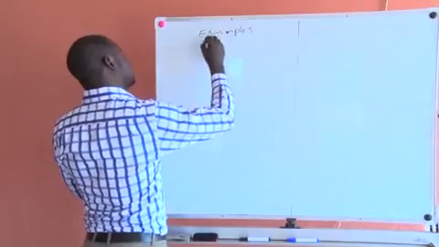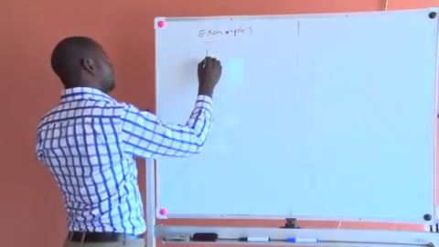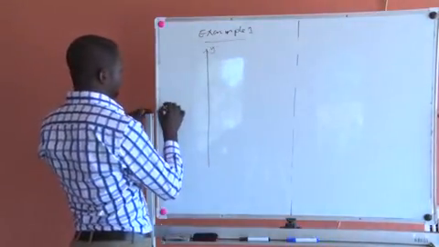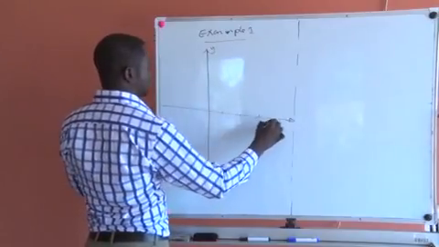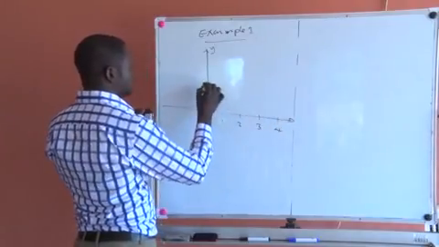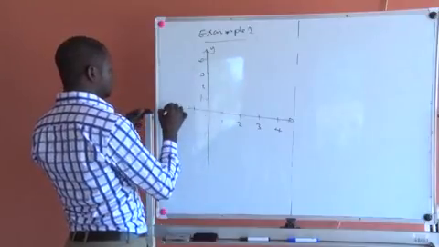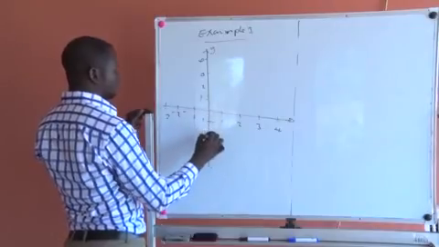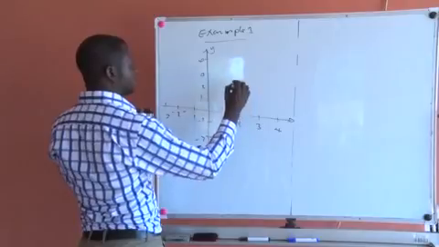Example 1 on description. So this is the x-y plane, with 1, 2, 3, 4 marked on the axes. We've got this triangle here.